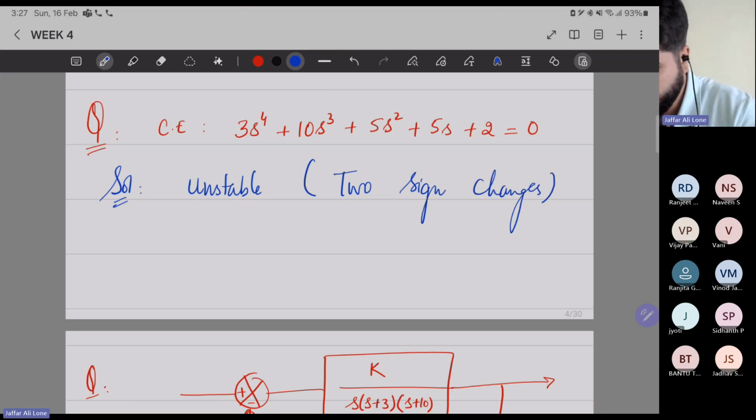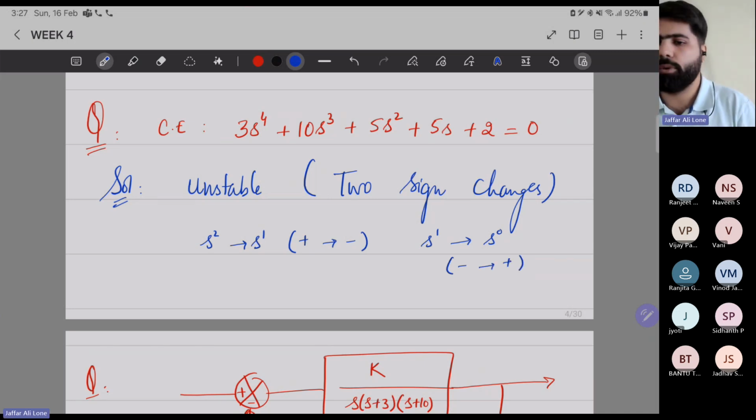One sign change from S2 to S1, positive to negative. Similarly, from S1 to S0, from negative to positive. So this is an unstable system.